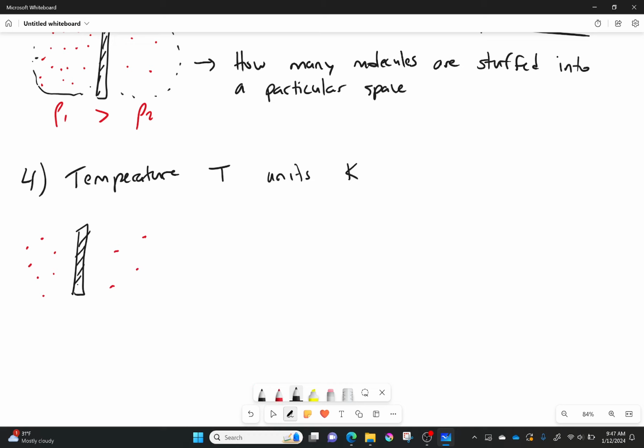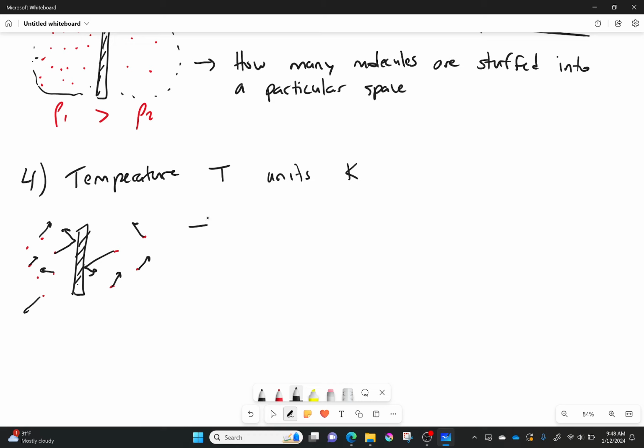I'm going to say they have velocity. Maybe they're bouncing off the wall sometimes and moving around, but the bouncing off the wall does not matter here. What matters is how fast these molecules are moving. The faster they move, the higher our temperature is going to be.